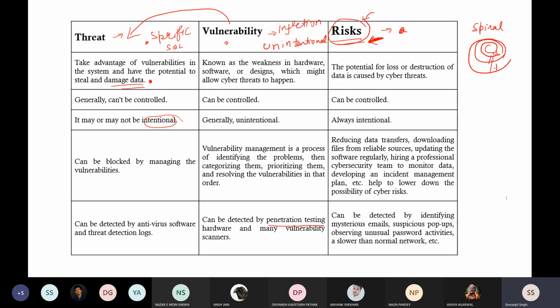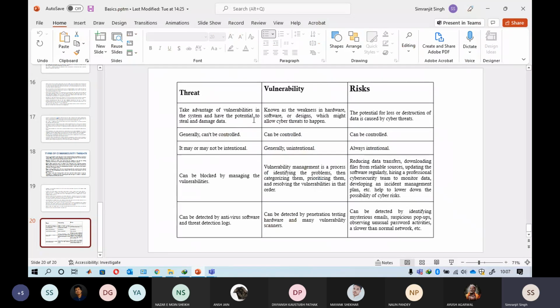Another thing is a threat can be identified with the help of antivirus software, and vulnerability can be identified with the help of penetration testing. Only these are the main points between a threat and a vulnerability. Keep that in mind. Okay, so moving on to the further topic.